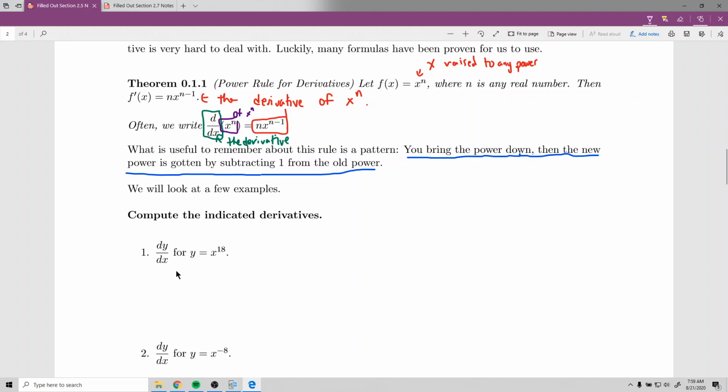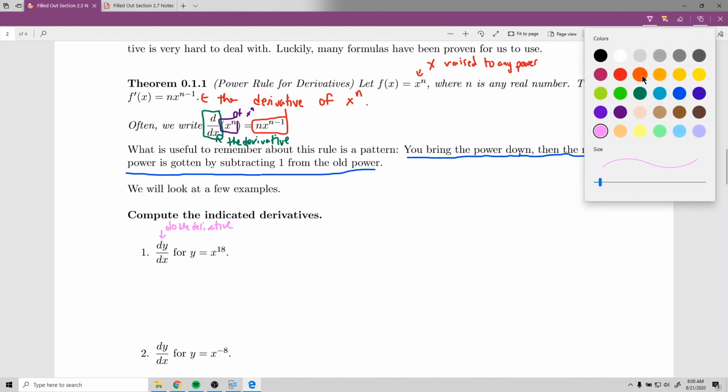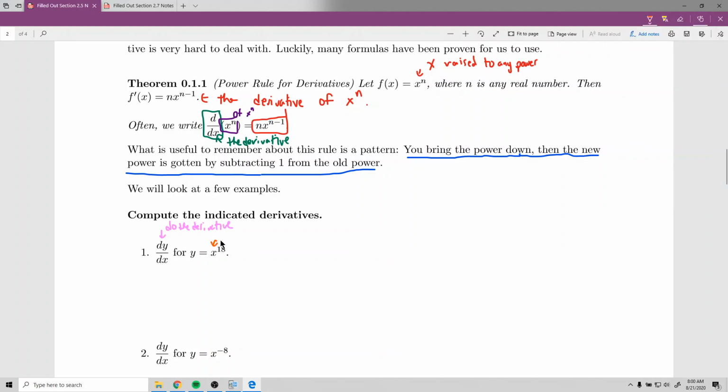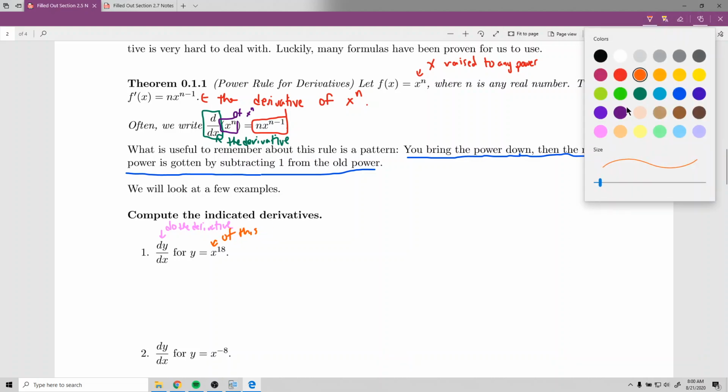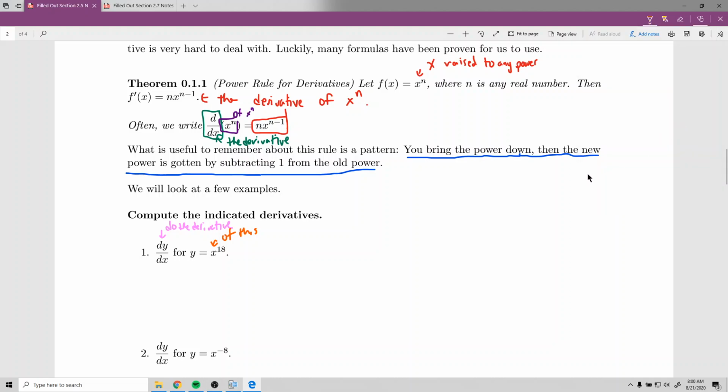All right, the first one here, we want to do the derivative. So dy over dx means do the derivative of the function y equals x to the 18th. As we only have one rule at this point, we're going to use the power rule, but you really want to know why we're using it.